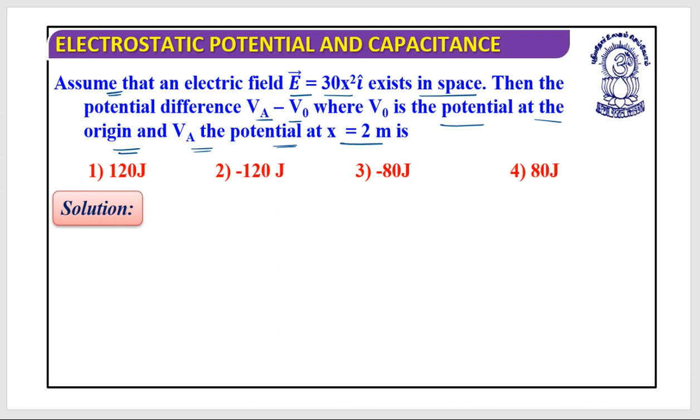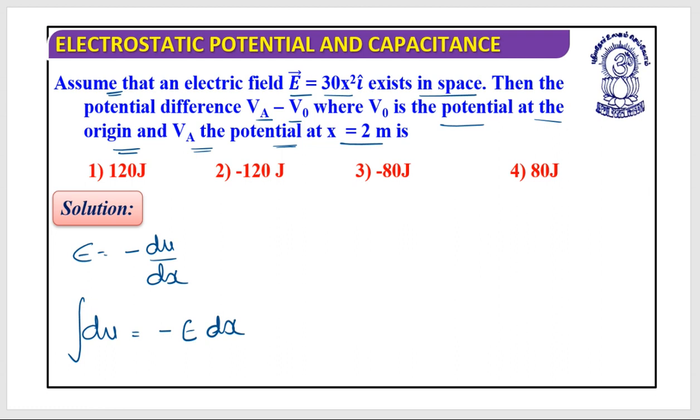First, do you have any relation which relates electric field and potential difference? Yes, we have it: E equals minus dV by dx. I hope you remember this. So I can write dV equals minus E dx.